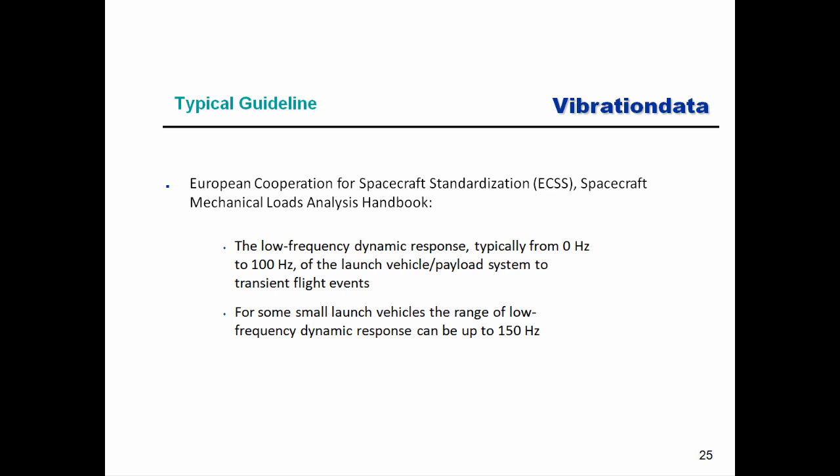Now for some of the smaller launch vehicles, the range of low-frequency dynamic response can be up to 150 Hertz. So again, there's some acknowledgement that there's some vehicle dependency as to what the needed upper frequency is for the low-frequency coupled loads analysis. And of course, these various NASA and ECSS type handbooks give some good starting guidelines.